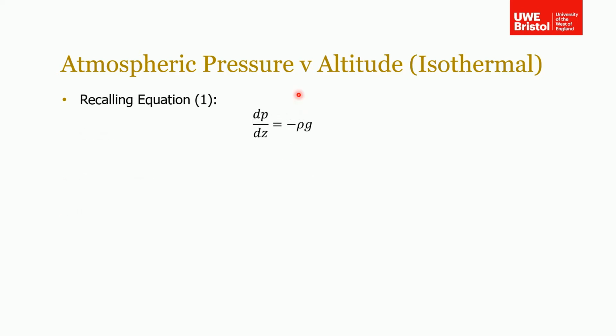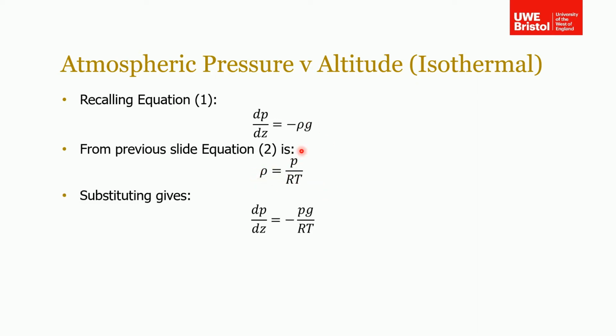And if you recall from the previous slides, we had our change in pressure with our change in height is equal to minus rho g. And we now have an expression for rho. So if we substitute that in, we end up with the change in pressure with the change in height is equal to minus the pressure times gravity over specific gas constant times temperature.